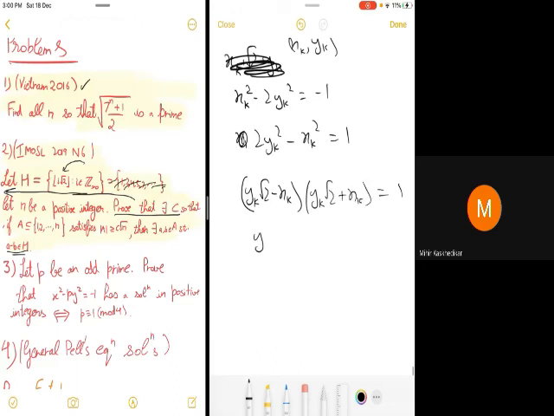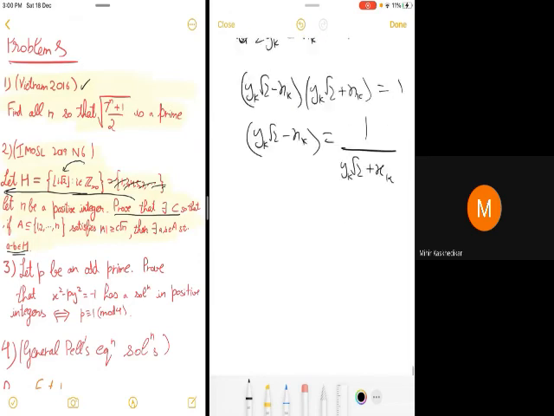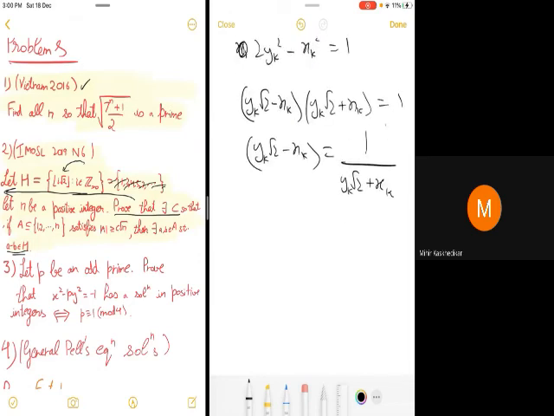And this thing is positive. So let's just bound it by this.